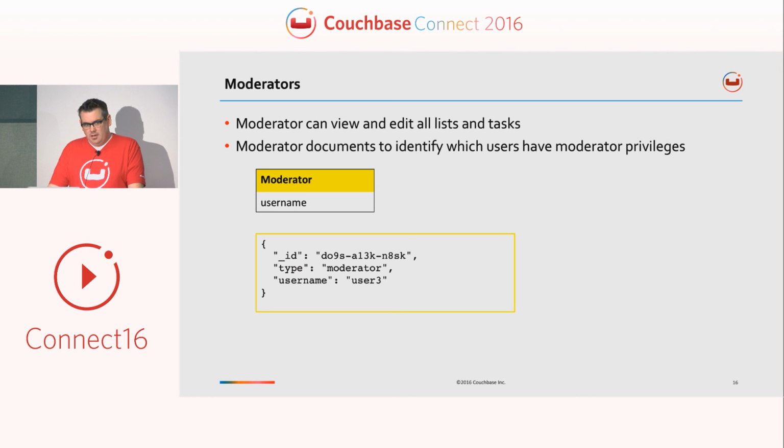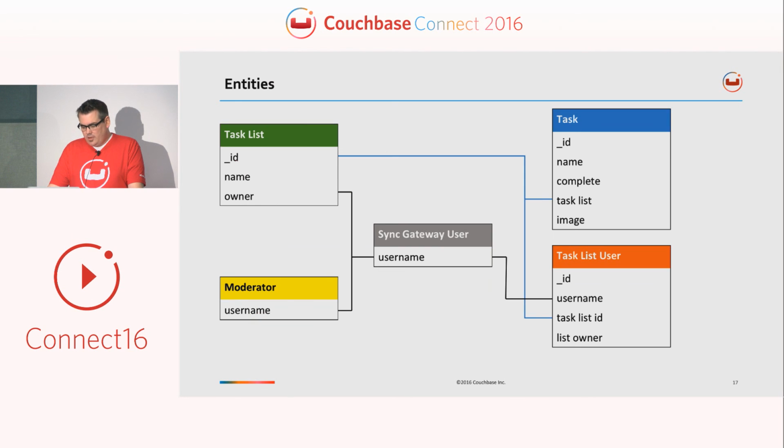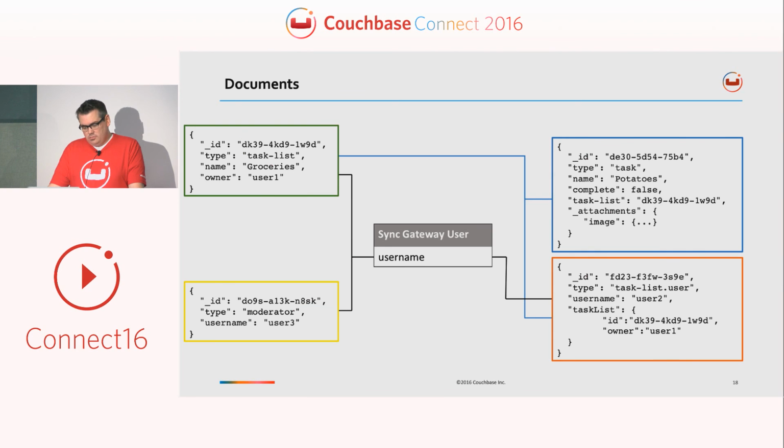So at that point, we've got our full data model for our simple task list application. Going back to the entity model, we've got task list, task list user, and moderator, with relationships between those based on the task list ID and on the users. We've talked about how that turns into documents.